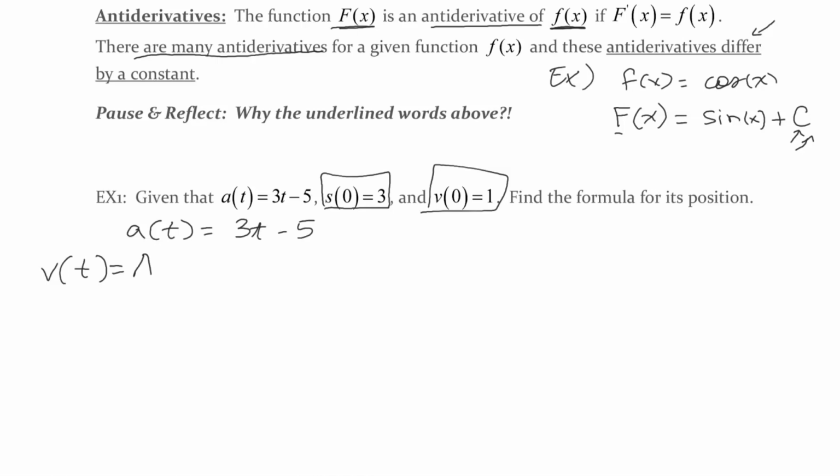By my notation, it would be big A of t, which is the antiderivative. Let's see, what must I have in order to have, let's do the negative 5 first. I must have started out with negative 5t, right? Because the derivative of 5t is 5.